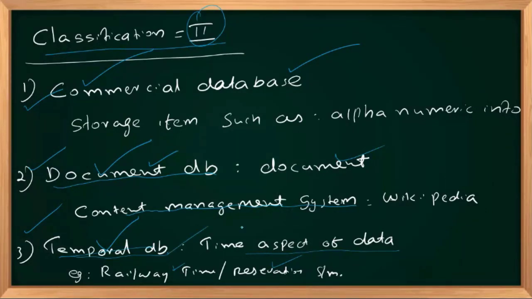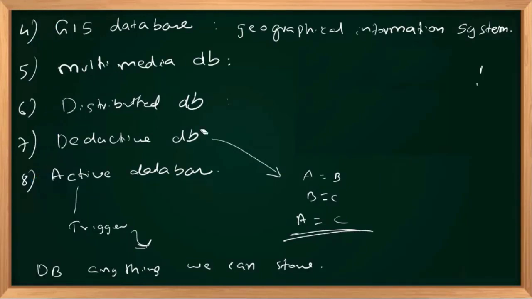Okay, next one is GIS database. What is GIS? GIS means Geographical Information System database. Geographical Information System database is the information about a land or a city.